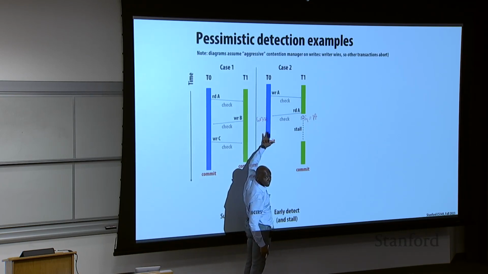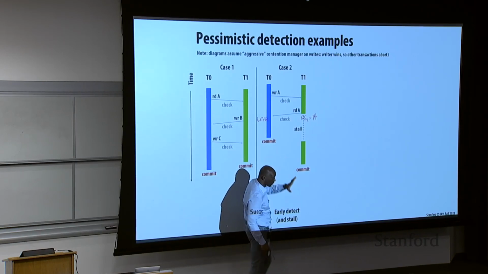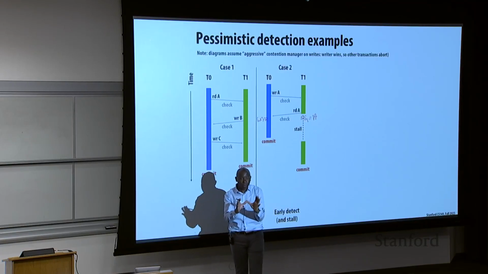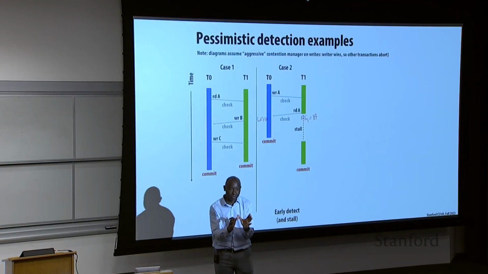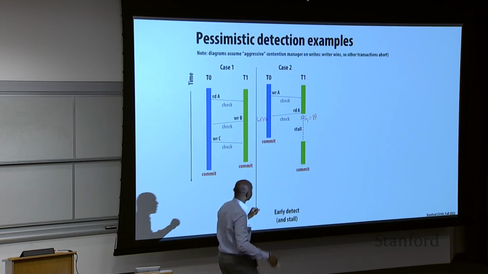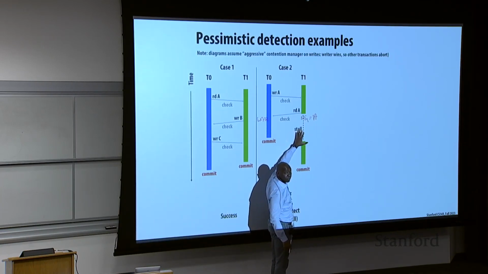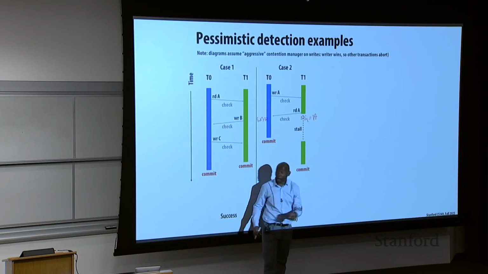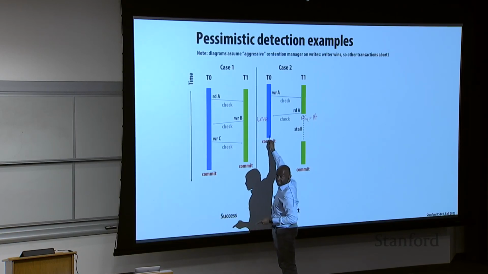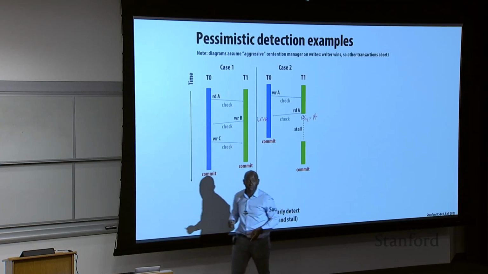Remember, every time you do an access, you're doing the check. So if there was not a conflict up to this point, you would not have stalled. Now, if there was a later write by T0, then it would cause T1 to abort.